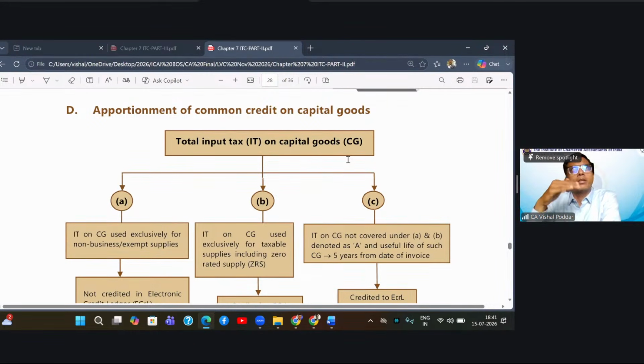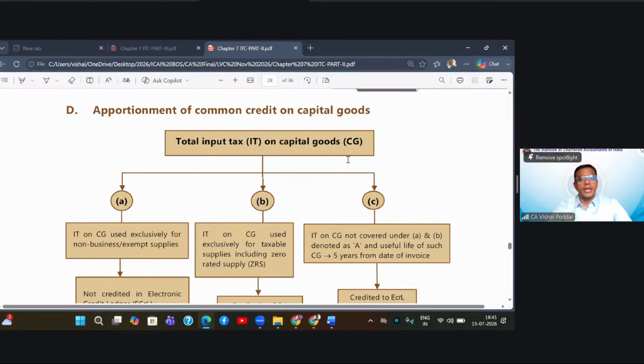So over here, the law will be making the calculation of the proportionate ITC by assuming the life of capital goods as 5 years. Students understand 5 years is also equal to 60 months, because we have 12 months multiplied by 5 years. So 12 5s are 60. So we assume that the life of capital goods is 5 years or 60 months.